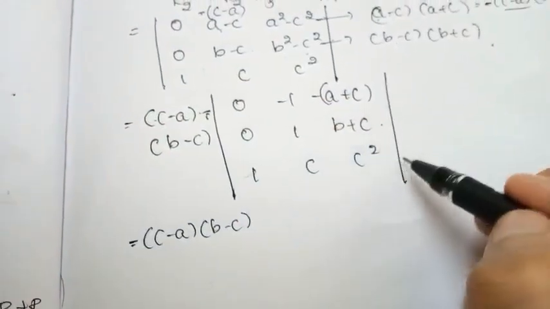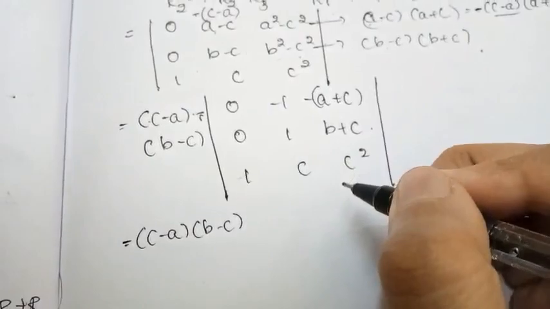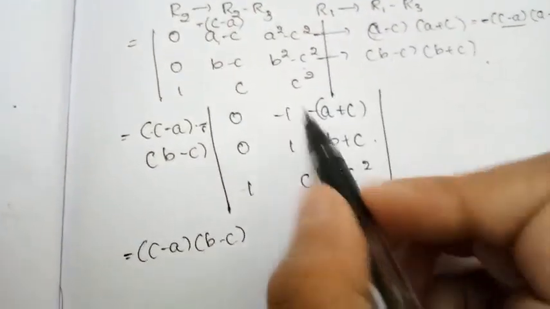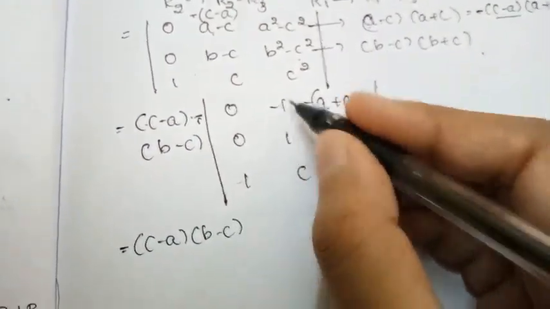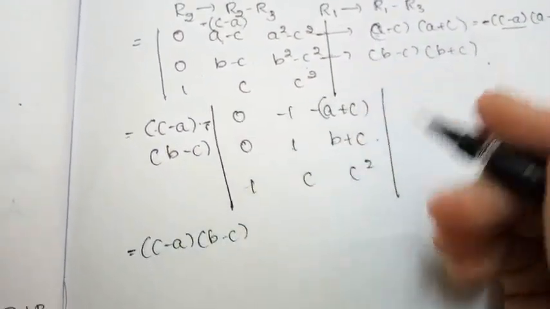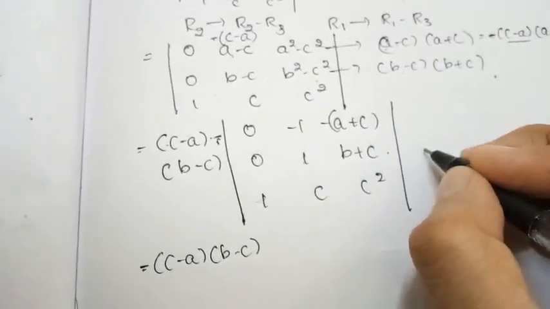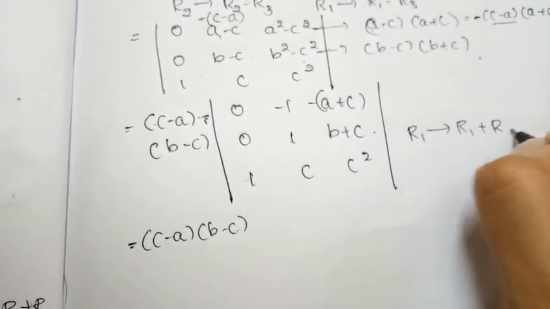Now, what we need is still a minus b, or else I can expand. Before expanding, I will make another thing easier, that is I will make one of these entries equal to 0, so that the calculation becomes even easier. The row operation I am going to use is R1 implies R1 plus R2.